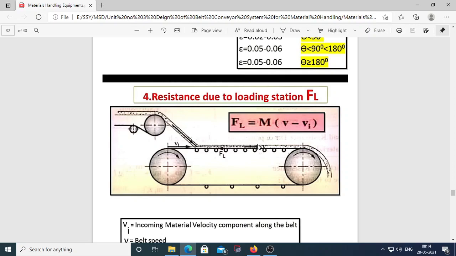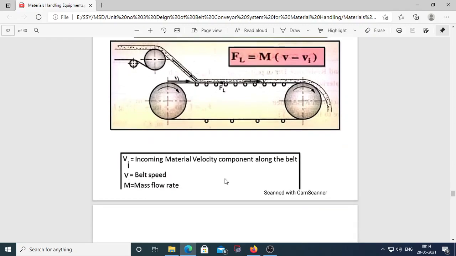That velocity you have to check. This is denoted by Vi, the incoming material velocity component along the belt. All of you getting? You have to remember this formula.